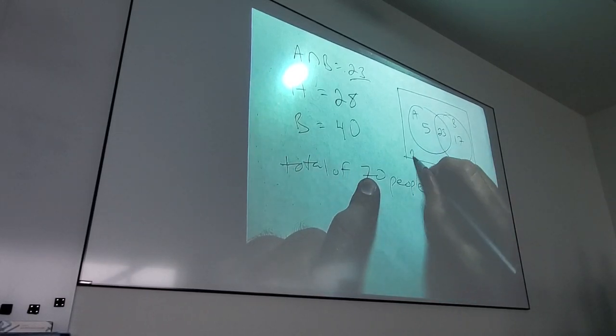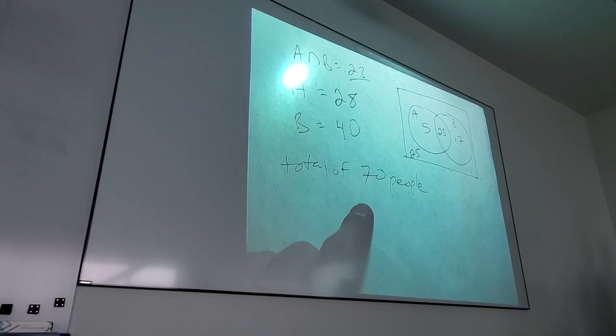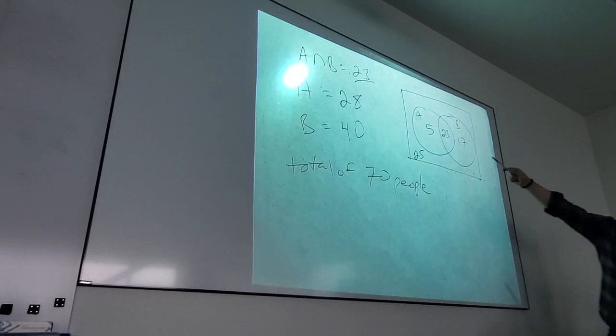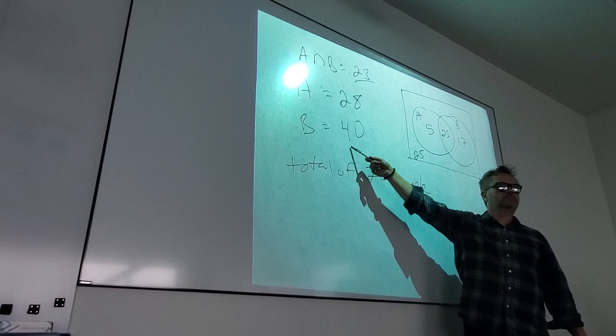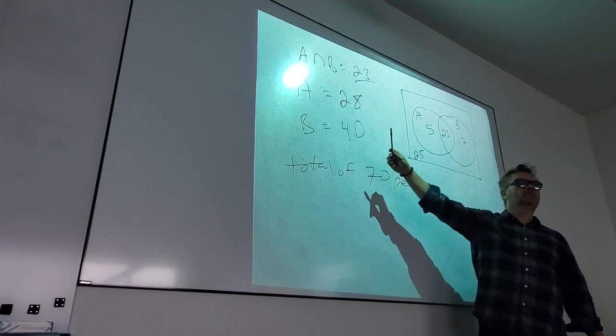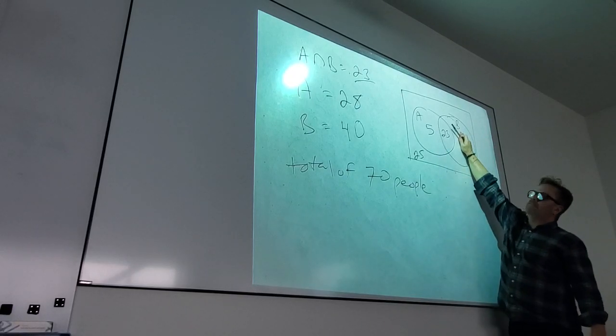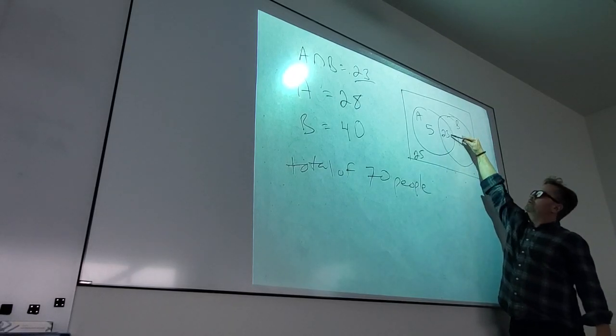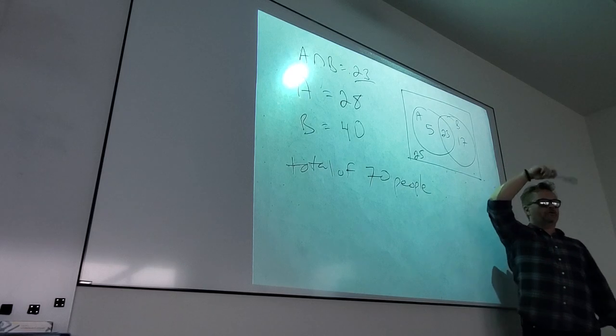I'm sorry, how did you get 17? It was subtracting. How many is supposed to be in B total? 40. How many did I have up there already? 23. So it must be 17 to make 40 total people in B.